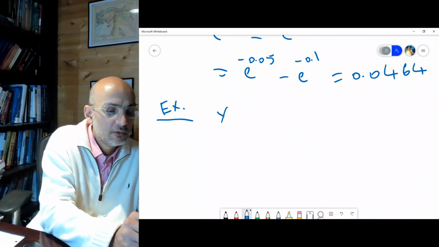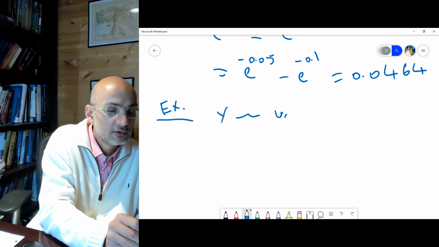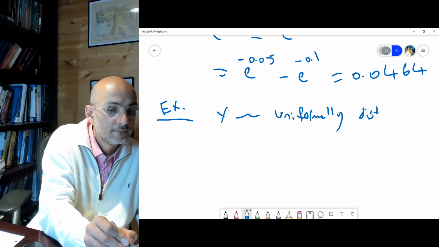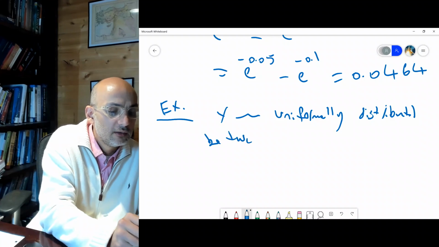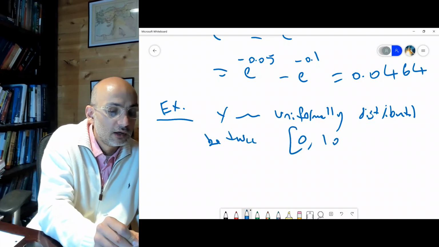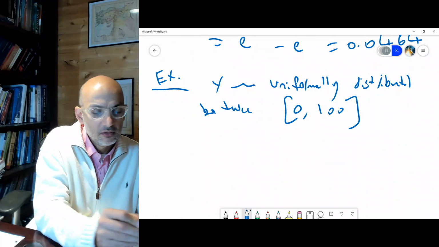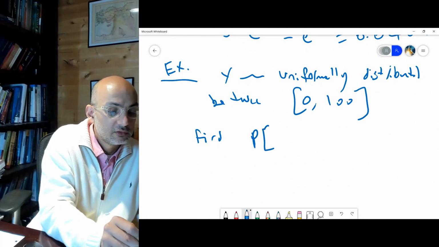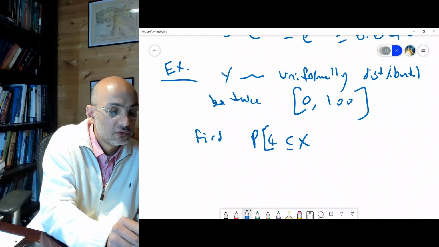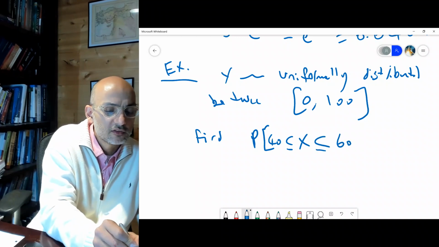But let's say now X is uniformly distributed between, let's take the same ages, 0 and 100, right? You can find the probability of death occurring between, let's say, 40 and 60. It doesn't take much effort.